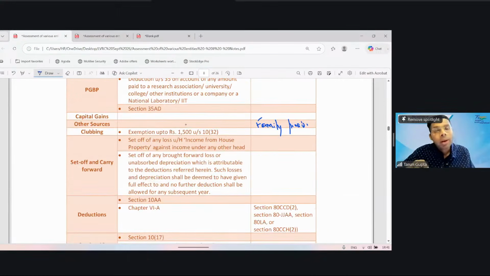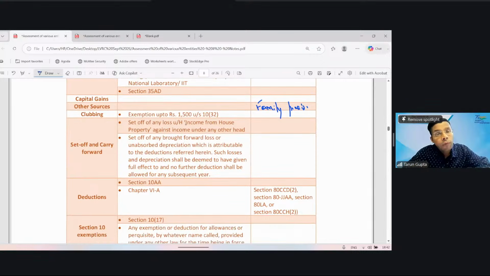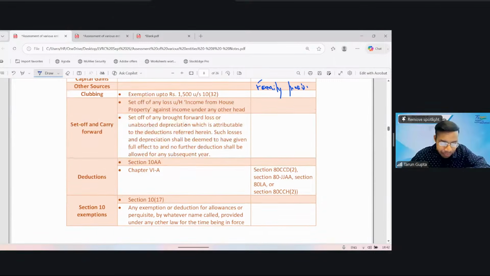Then for set off, loss under the head house property cannot be set off against income under any other head. And set off or brought forward losses or unabsorbed depreciation on account of the deductions referred to above shall not be allowed to be set off or carried forward. They shall lapse.